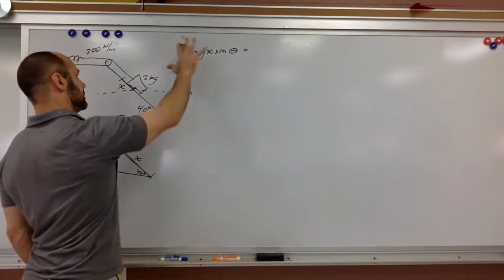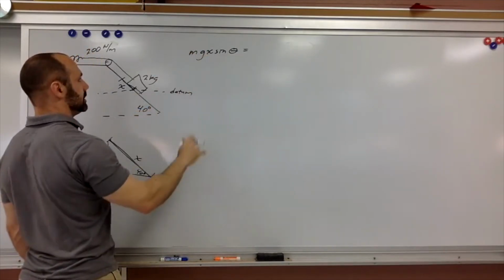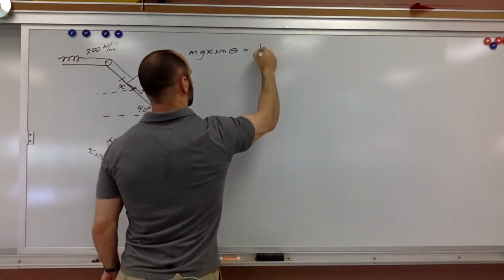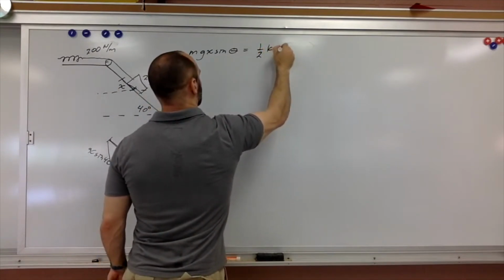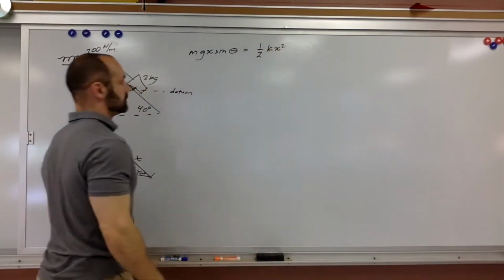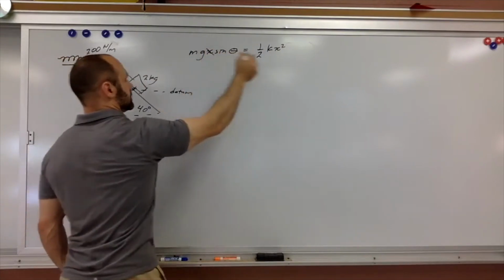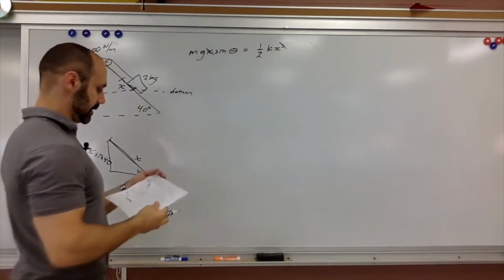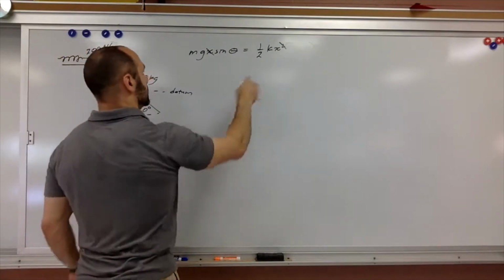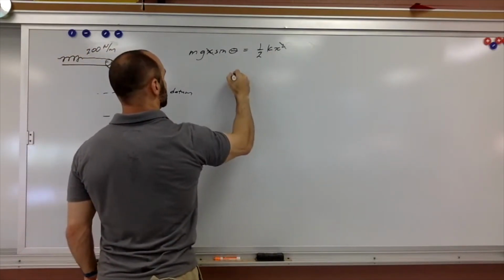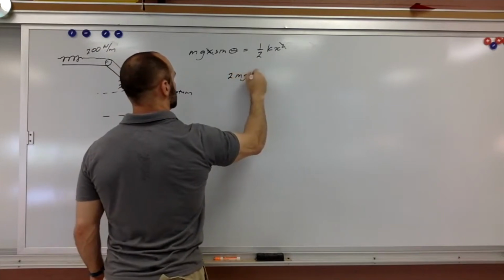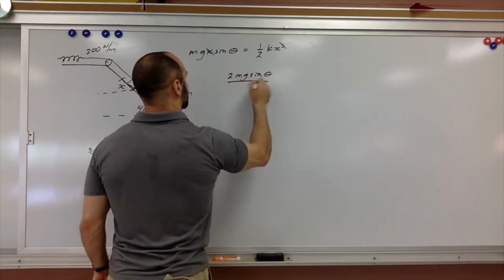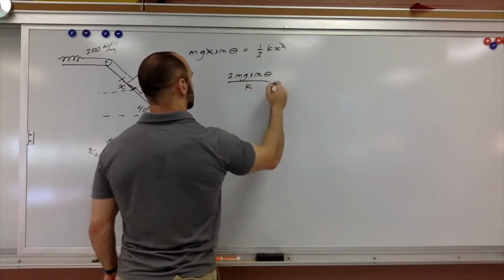So all I have is gravitational potential energy at the beginning and elastic potential energy at the end, so this is 1/2 kx squared. All right, I'll cancel out an x, make it a little bit easier. What do we want to know? How far down the incline did the box slide? So we're looking for x here. So this is going to be 2 mg sine theta over k.